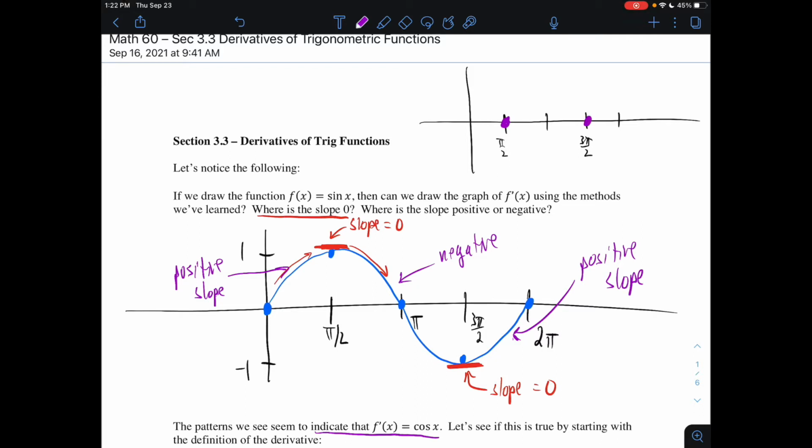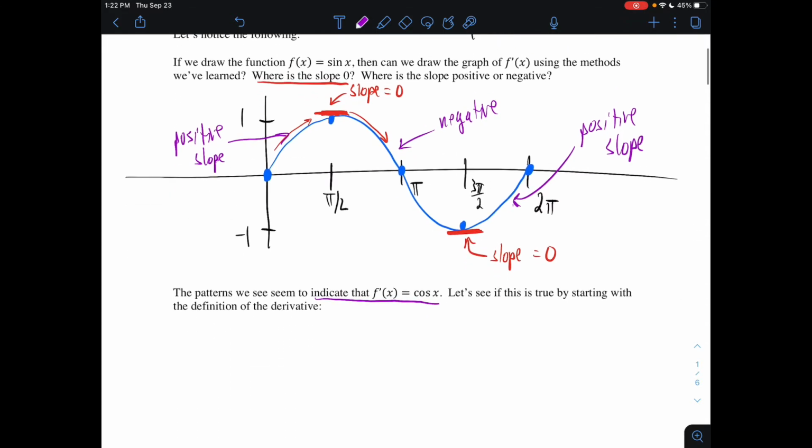Between pi over 2 and 3 pi over 2, it's negative. And then between 0 and pi over 2, it's positive. And between 3 pi over 2 and 2 pi, it's positive. So we're just noticing a little bit of some patterns. That's all. Let's see if we can prove that to be true.